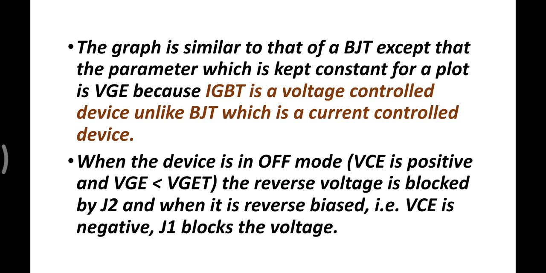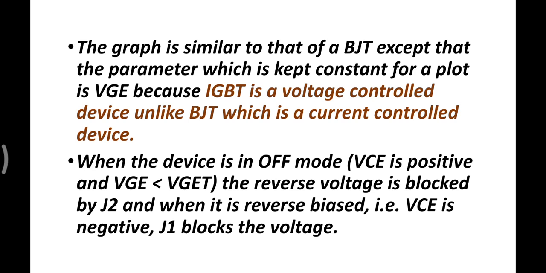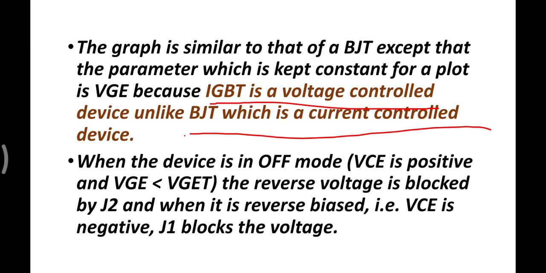When the device is in off mode, the reverse voltage is blocked by J2, and when it is reverse biased, that is VC is negative, J1 blocks the voltage. So this is about the operation of the BJT. And here we have to remember one thing: the IGBT is a voltage controlled device and the BJT is a current controlled device.